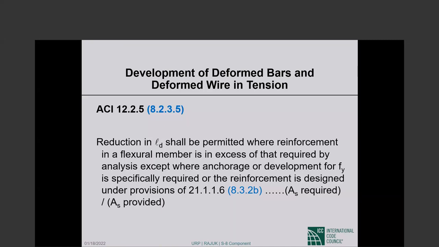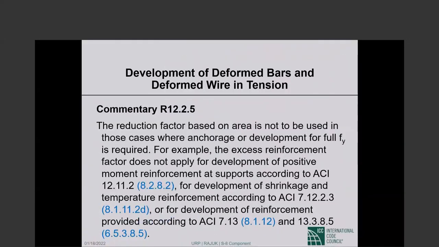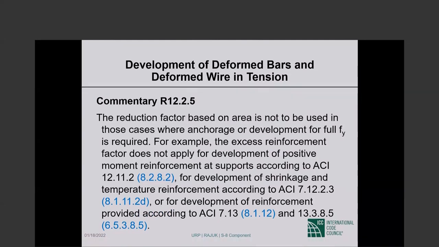There are other cases where bars are specifically required to develop full F sub y. In those cases, you cannot take this reduction, okay? The excess reinforcement reduction. That is explained here, and I will let you read. This tells you what I said, that when full F sub y is required to be developed by the code, you cannot take the excess reinforcement reduction.